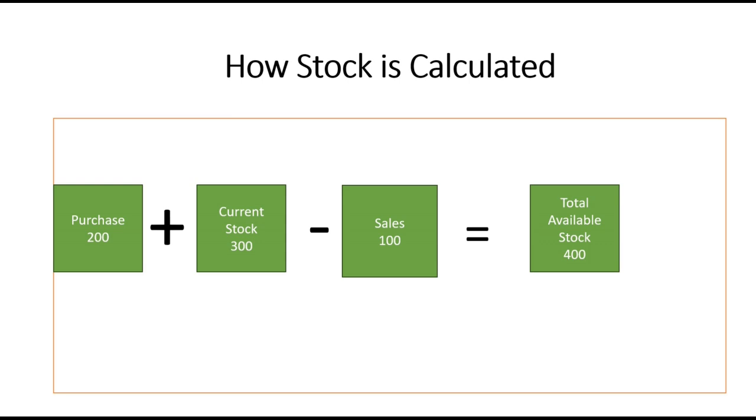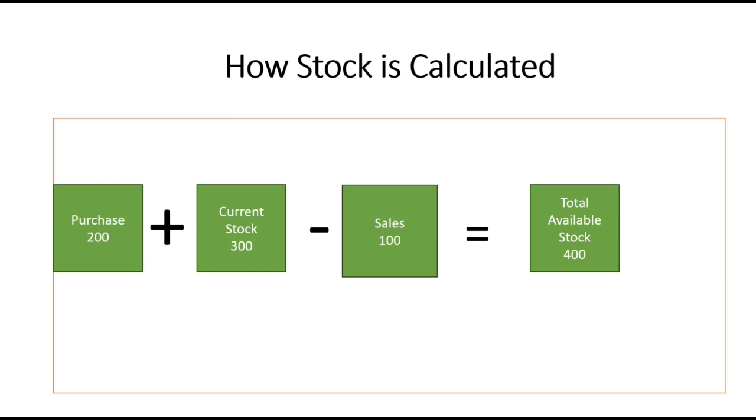And in the month of August, I sell 100 tables. So on 31st August, the total stock available with me is current stock plus purchase minus sales, which equals 400 tables available at the end of August.